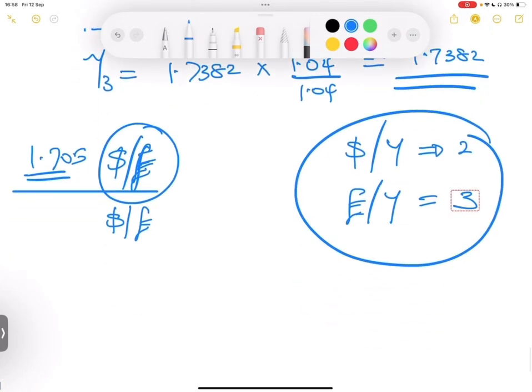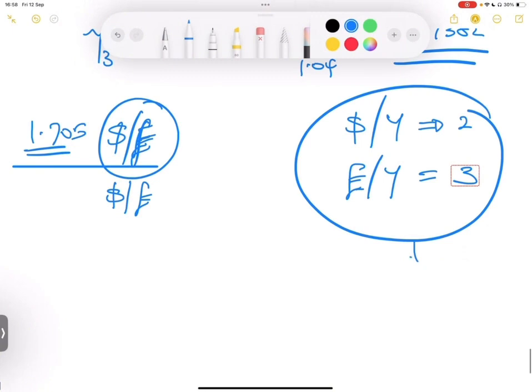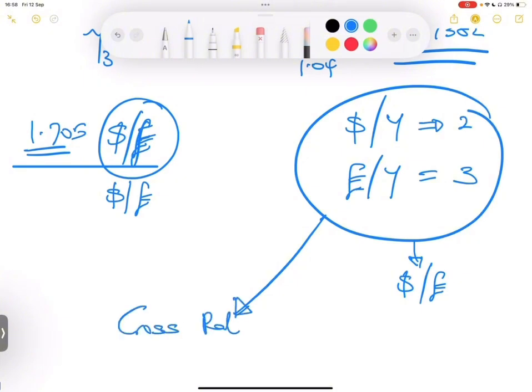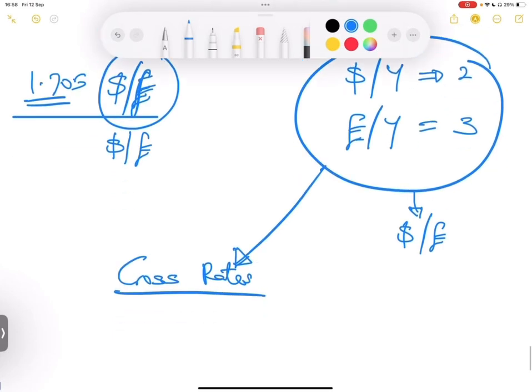So the question is, what you need is not dollar for yen, is not pound for yen. What you need is dollar and pounds. So you must learn how to calculate what you call the cross rate. When you use existing information to determine the exact quote that you want, what you are trying to calculate is called the cross rate.